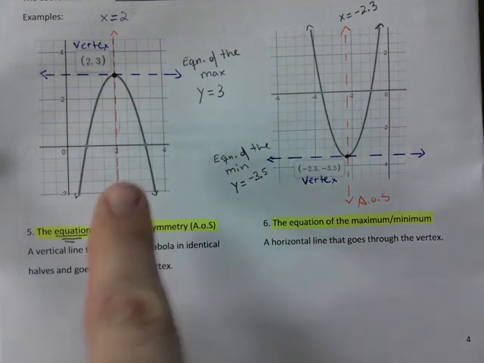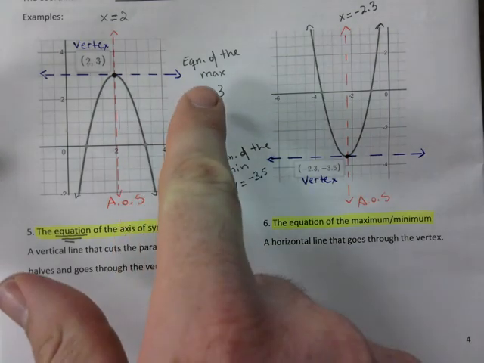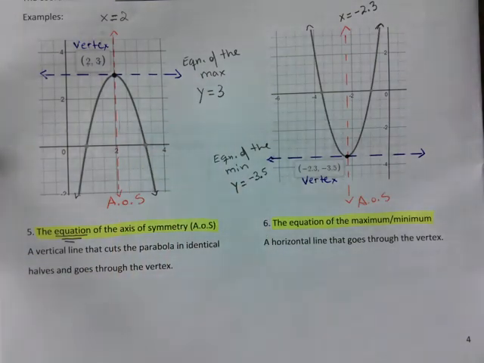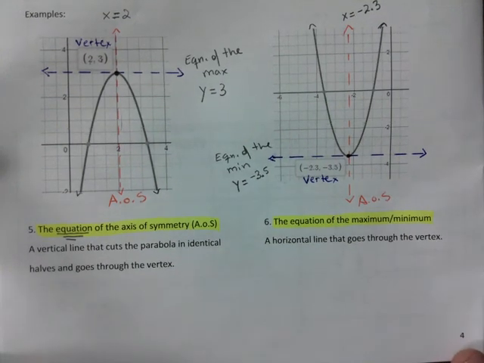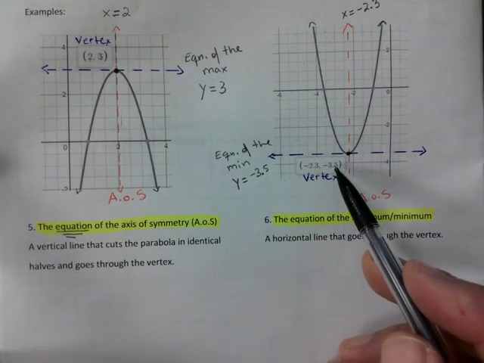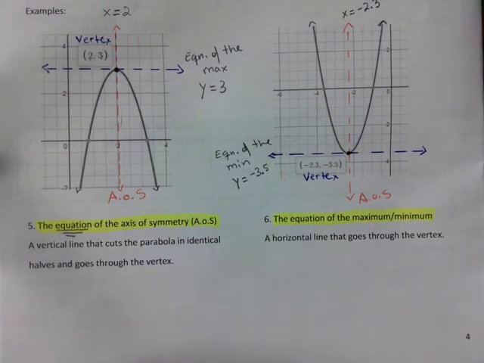So depending on which way it's pointing, you either call it the max or the min, okay? Again, the vertex gives you these two pieces of information, okay? And that's that for this page. Aren't you happy you don't have to graph this, right? It's just fill in. Just fill in.